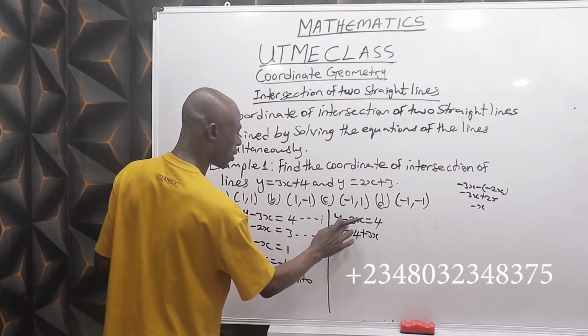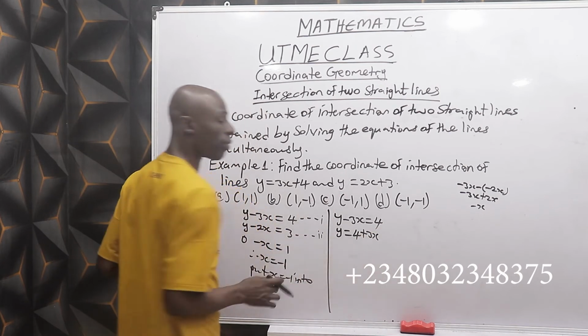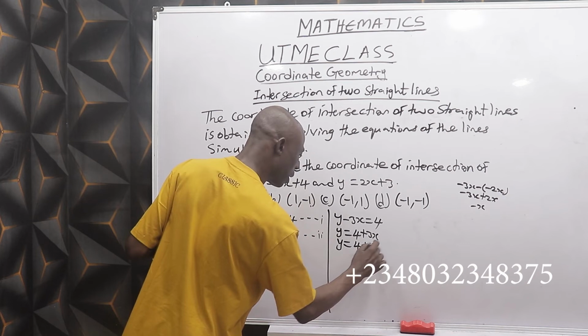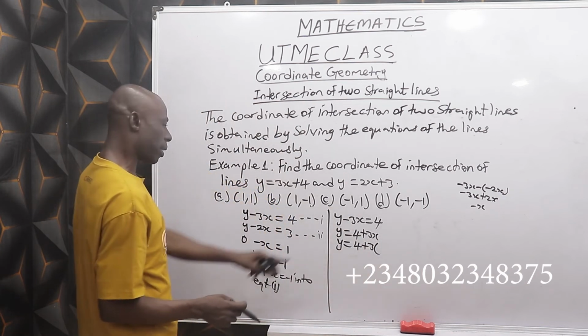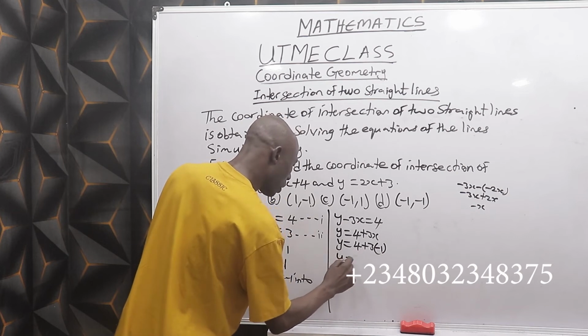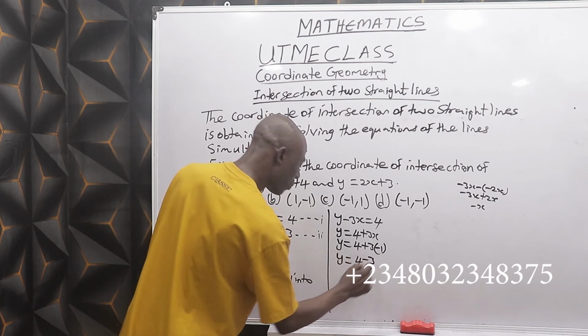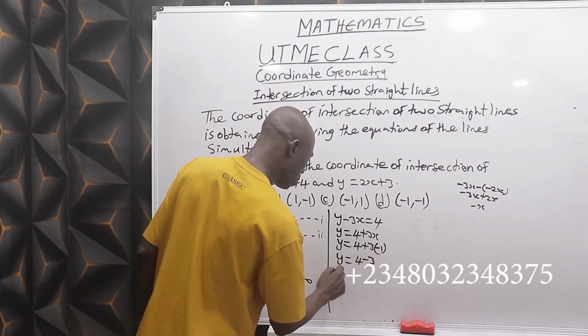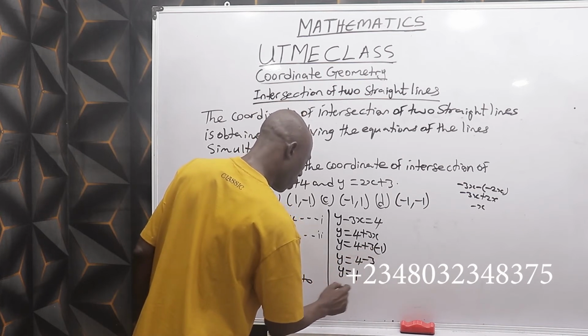I take negative 3x to the other side to become positive 3x. So y equals 4 plus 3 into, wherever you see x there, you say it is negative 1. So y equals 4, negative 3. Positive 3 times negative 1 gives negative 3. So y equals positive 1.